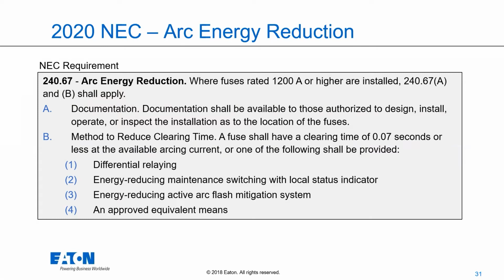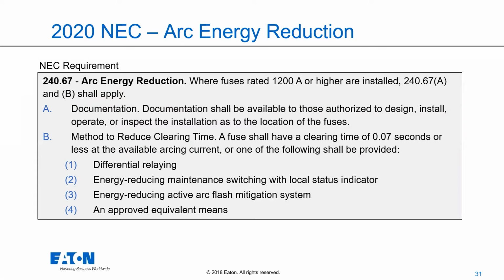So this is where it gets a little bit more complicated than a breaker does. What it's basically saying here is you need arc energy reduction if the fuse doesn't open during an arc fault in 0.07 seconds or less. So 0.07 seconds is the magic number. If the fuse at the arcing current opens in 0.07 seconds or less, you don't need any additional method to reduce the clearing time.